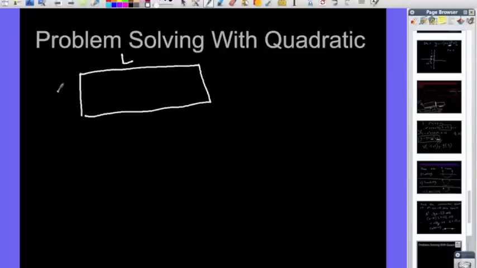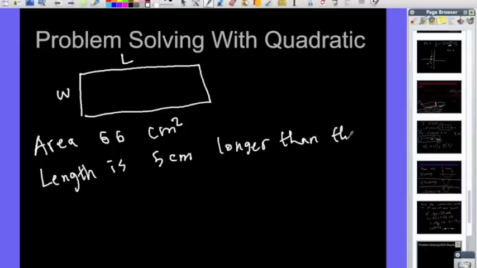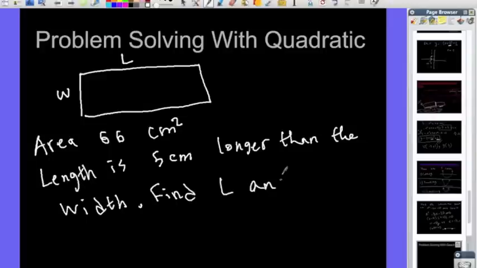This would be the L, this would be the W, the length and width. And if the area of this rectangle is 66 centimeters squared, and the question says that the length is 5 centimeters longer than the width, and it asks us to find L and W.